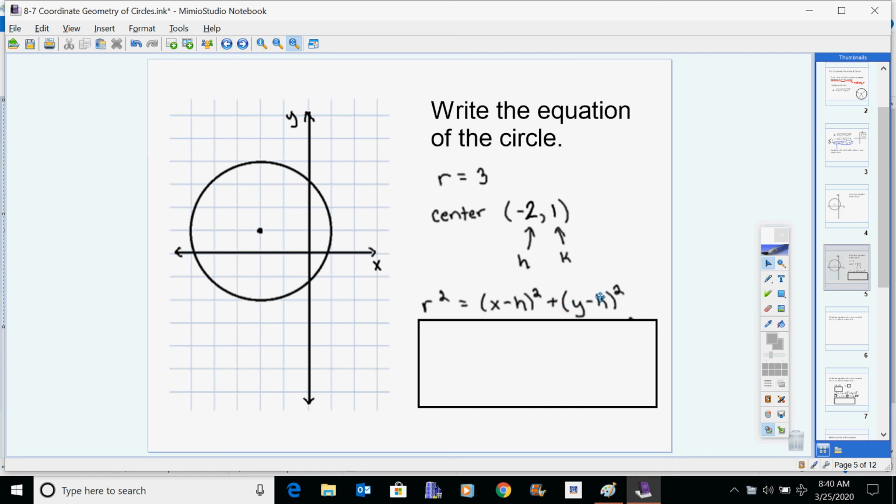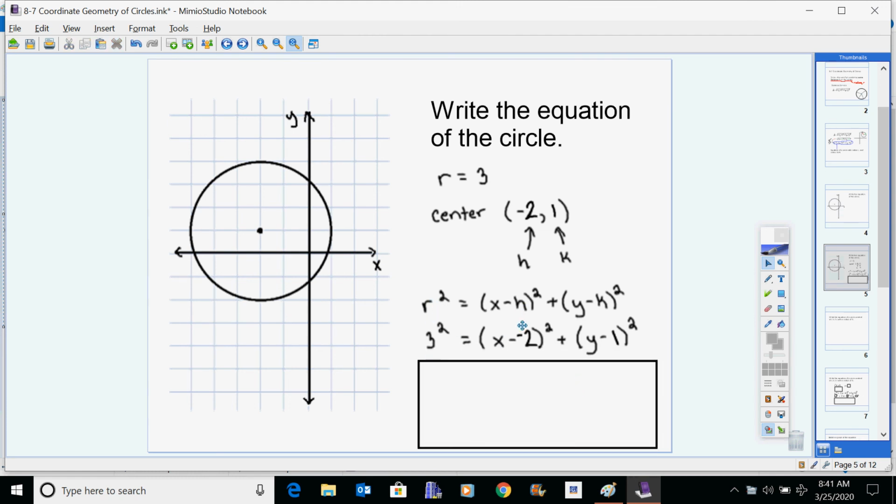So what we can do then is you can take your r squared equals x minus h squared plus y minus k squared equation, and you plug in your r value, which is 3, and you plug in your -2 for h and your 1 for k.